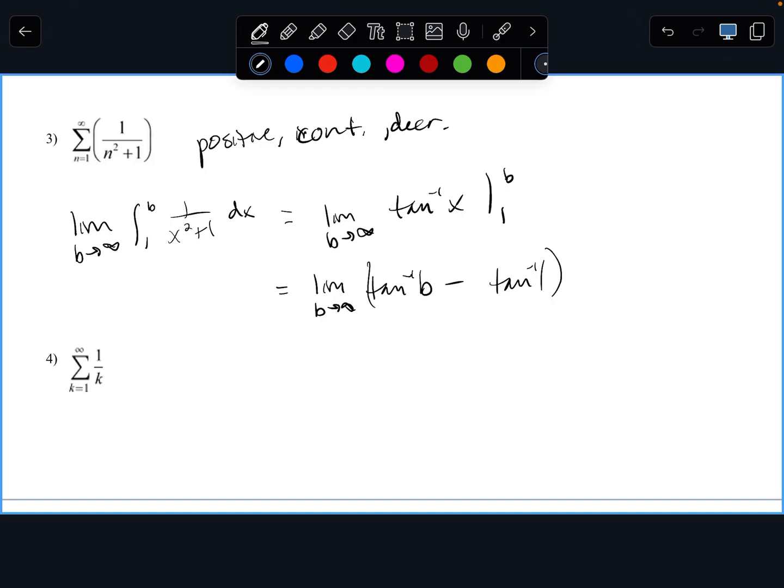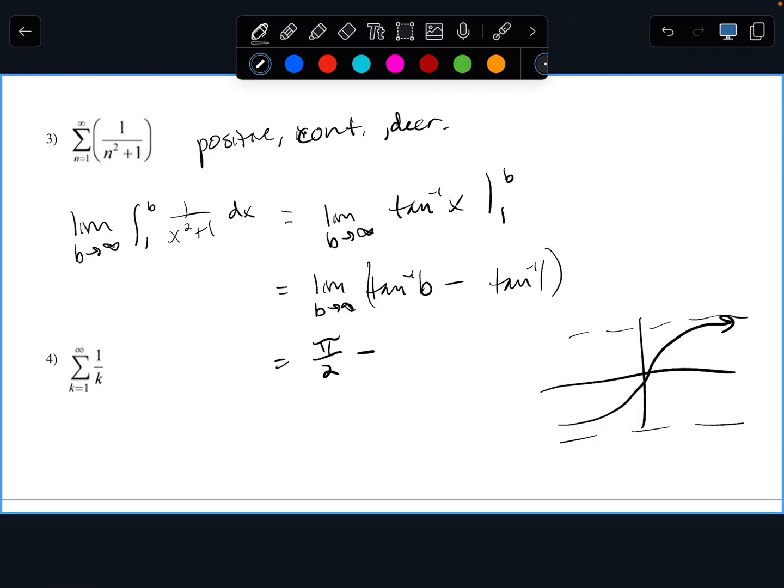You're just trusting me. Okay. Now, do you know what that is as b goes to infinity? What's b? Isn't it infinity? No. Pi over 2. This is pi over 2. And then inverse tangent of 1. Pi over 4. Thank you.